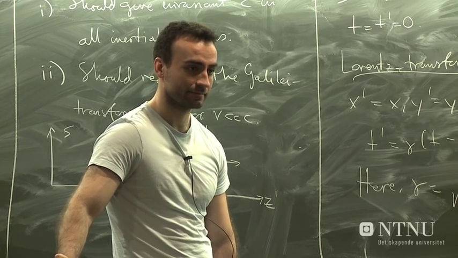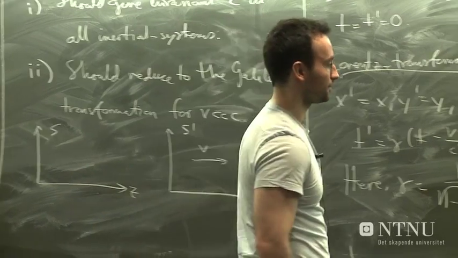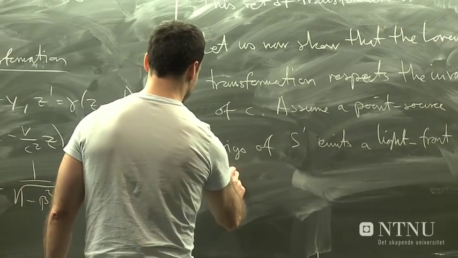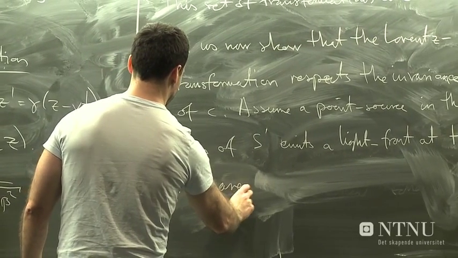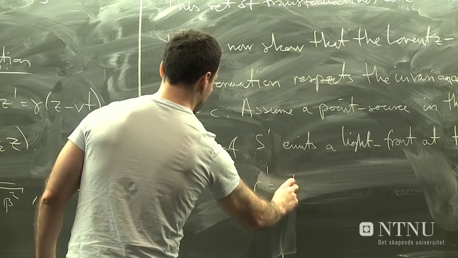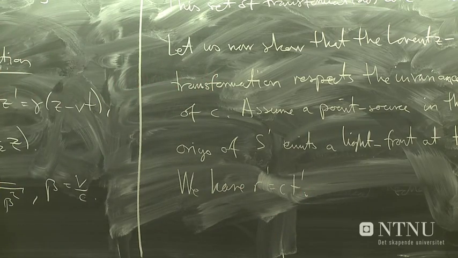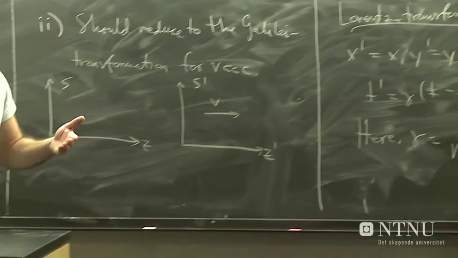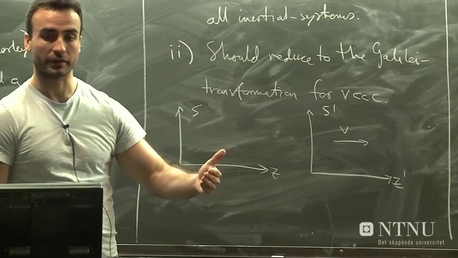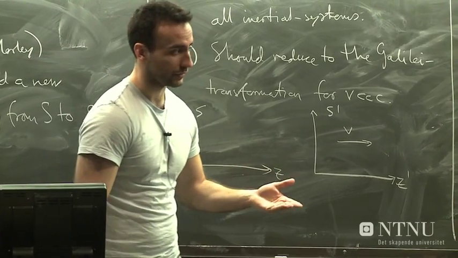R equals c times t? Yep. So for an observer in this prime system, the position of the light front is simply its velocity, the constant c, multiplied with time.